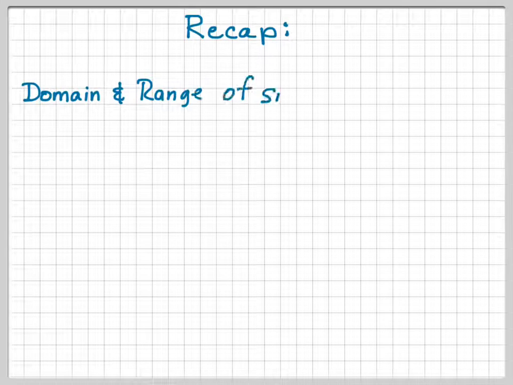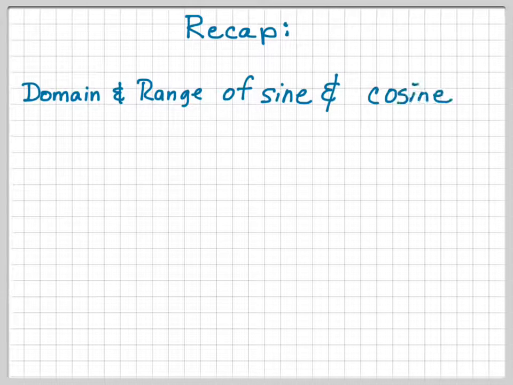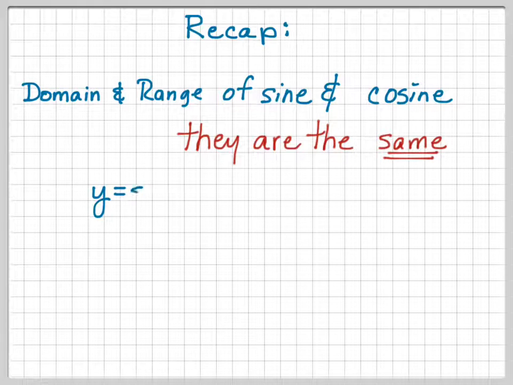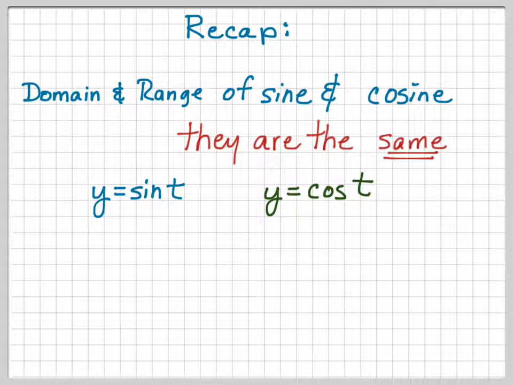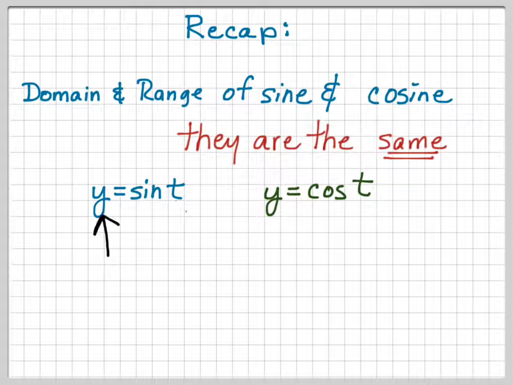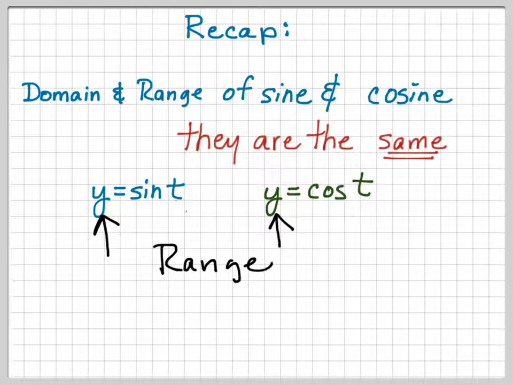Let's recap. The domain and the range of the sine and the cosine function are the same. We have the sine function y equals sine of t and the cosine function y equals cosine of t. The t's are both all real numbers, and that's the domain. The value of y, when we plug in the real numbers, is the range.